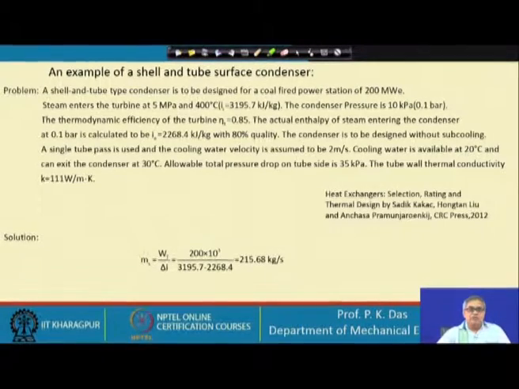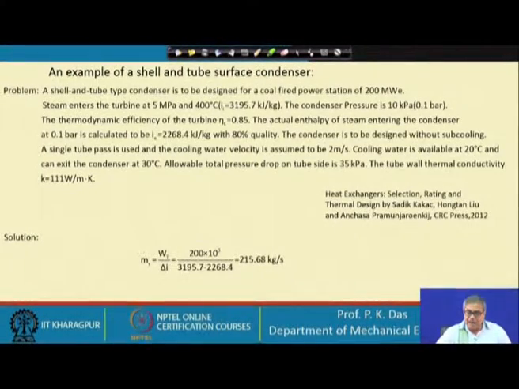In the surface condenser used for a steam power plant, steam is condensed outside the tubes, and through the tubes we circulate cooling water. Coolant is water only. I have told this before and I am repeating it, because people should have a good idea regarding at least the basic heat exchangers, very important heat exchangers for our industry.